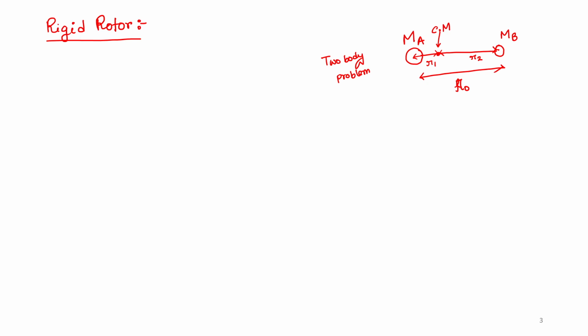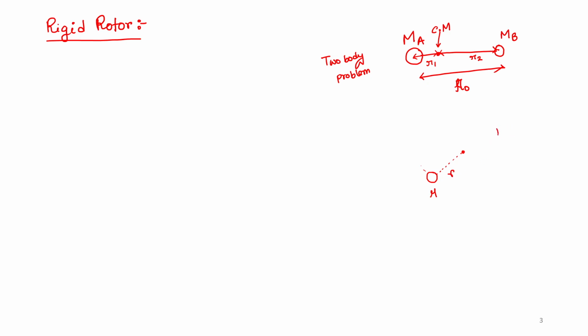So what we want to do is convert it to a one body problem, like this. Where our center is like this, and we consider a reduced mass. That reduced mass is mu, and the radius of gyration is now r. So this is the center, and this is our reduced mass.